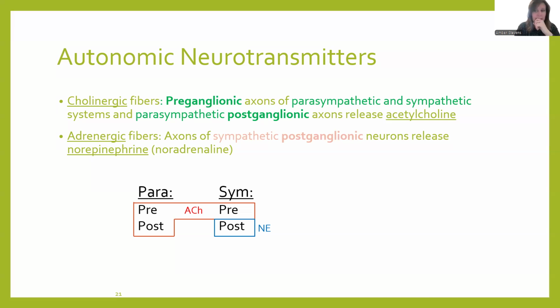These neurons are classified as adrenergic fibers. What determines the nature of an organ's response to a stimulus is the autonomic nervous system, and this involves both cholinergic and adrenergic fibers.